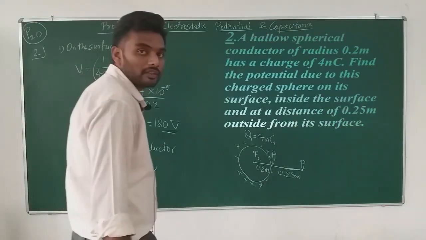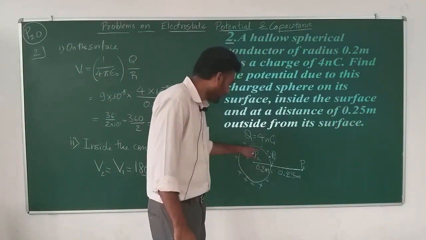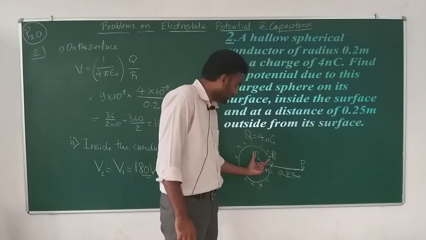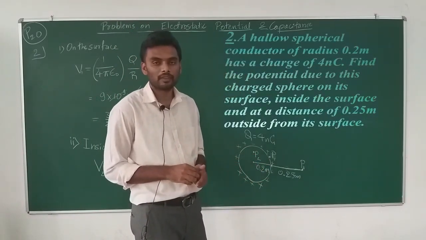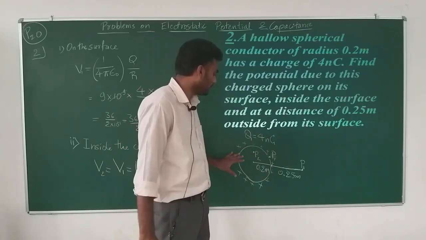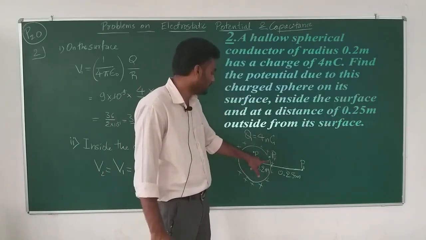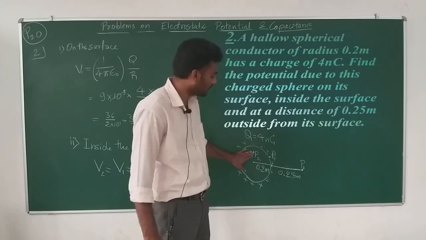Before we go for the next, here I explained why there can't be a potential difference existing for a solid conductor, right? Even for a hollow conductor, you might ask, sir, there is less potential at this point.